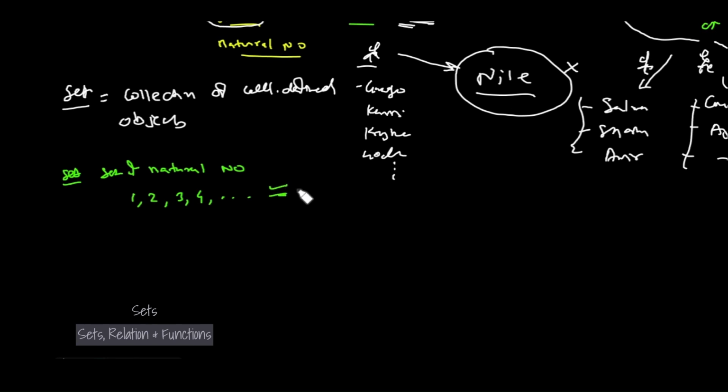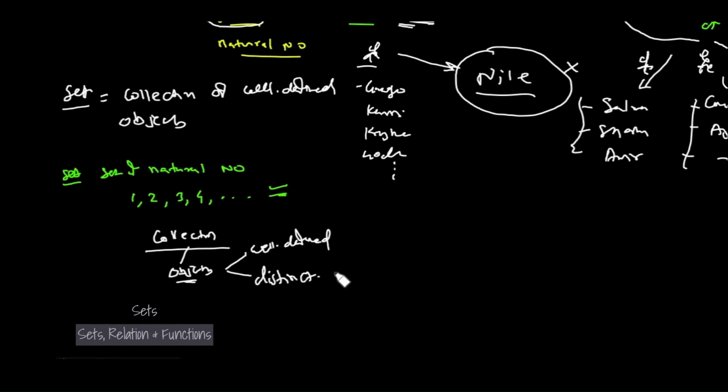And one thing is important in a set: every object should appear for a single time only. So distinct objects should be there. A collection of well defined objects, and the objects should be distinct. So the collection will have objects, and the condition on those objects is that they should be well defined and distinct.